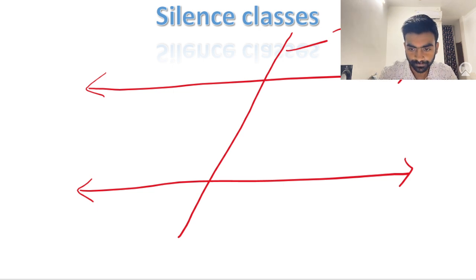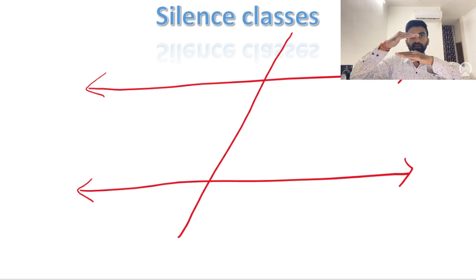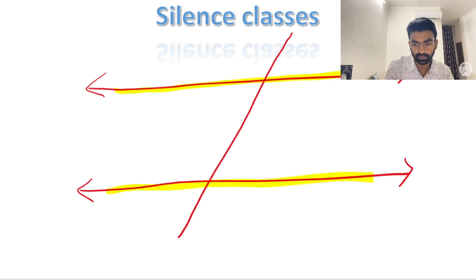Now we will talk about the third angle, which is known as interior angles. Interior angles are those angles present inside these parallel lines. Like these two parallel lines, this is one and the other one is this.